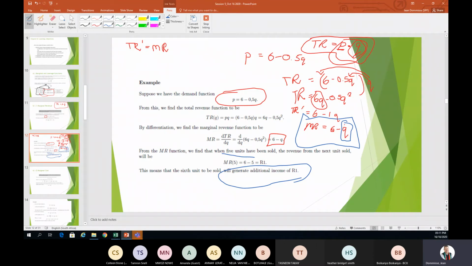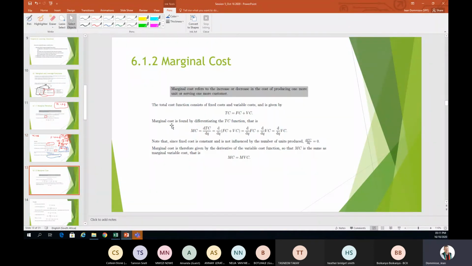So marginal revenue you get from differentiating the total revenue. When we go to marginal cost, we will differentiate total cost. The thing that makes it a bit more difficult is that we need to remember total cost is fixed cost plus variable cost.